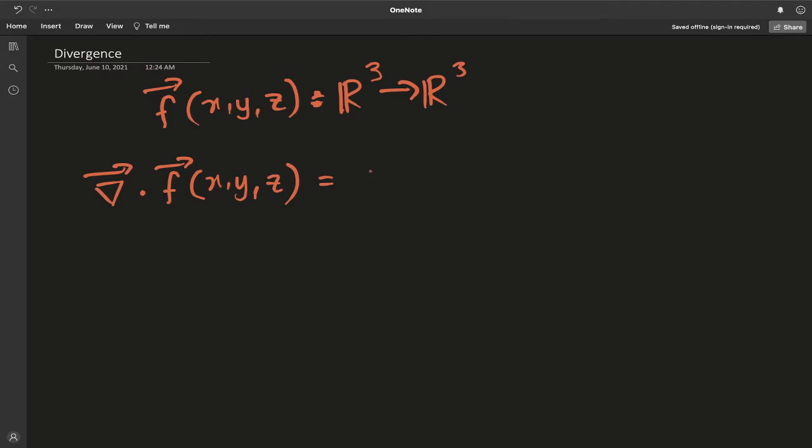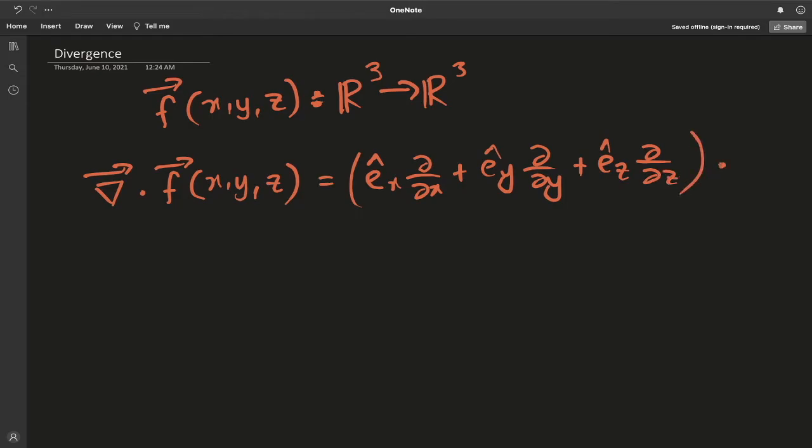If you expand it out, e_x partial x, e_y partial y, e_z partial z, dotted with, let's say it has components f_x e_x, f_y e_y, f_z e_z.